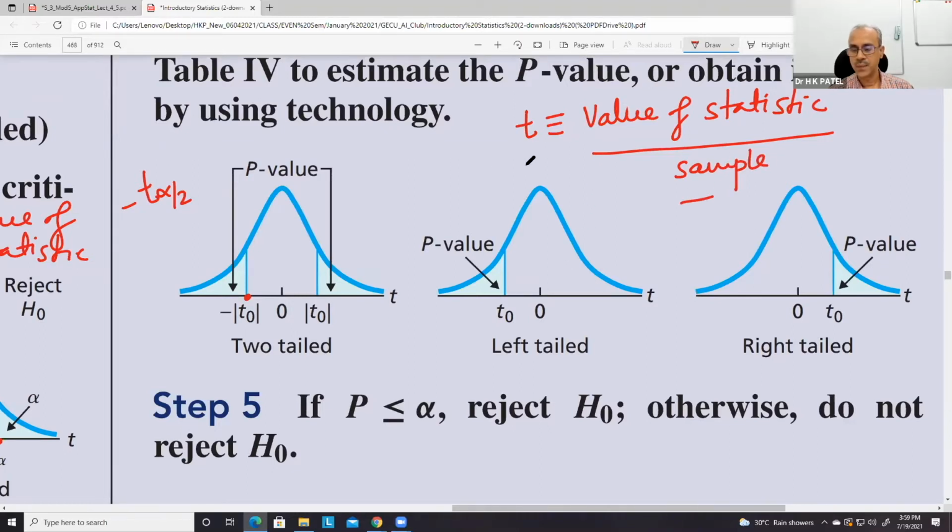Okay. So if it is T or T0, in this case 2 times the value of this area.